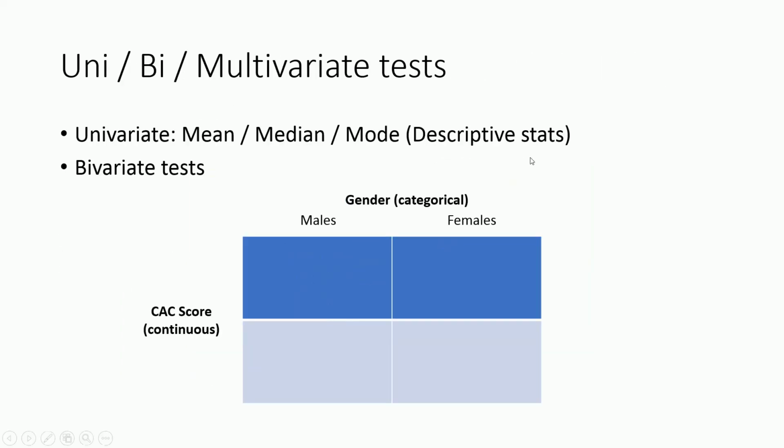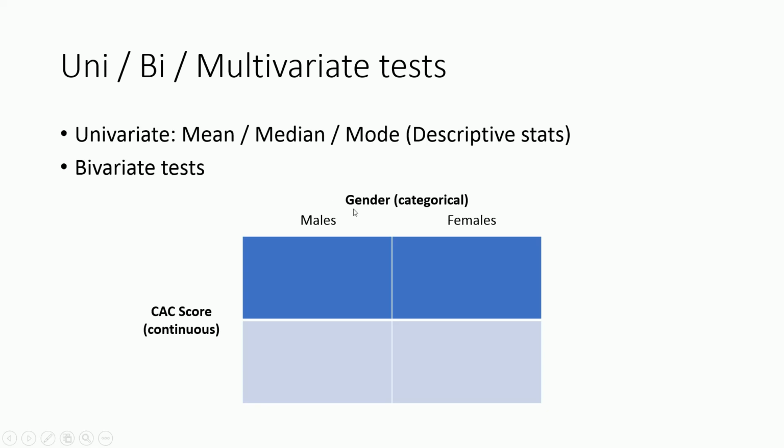Now, before we understand that, let's understand a quick thing about univariate, bivariate or multivariate tests. So univariate tests are, we've already explained them before, mean, median, and mode, and all of those descriptive statistical things that we've done in the earlier video. Bivariates are the ones which we will be looking at the moment.